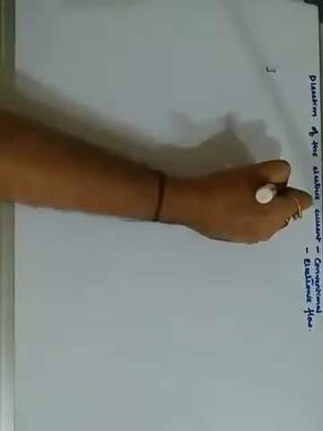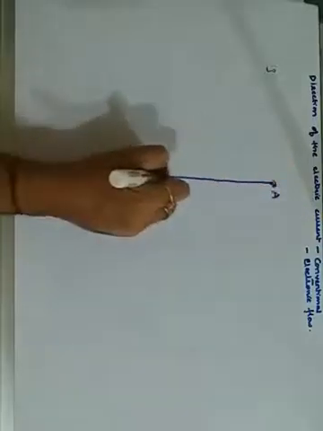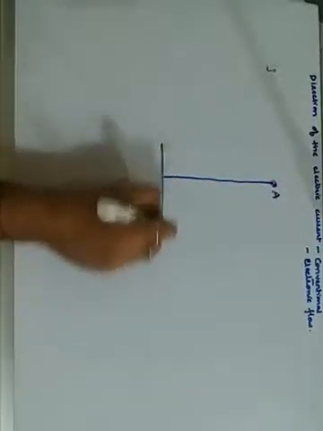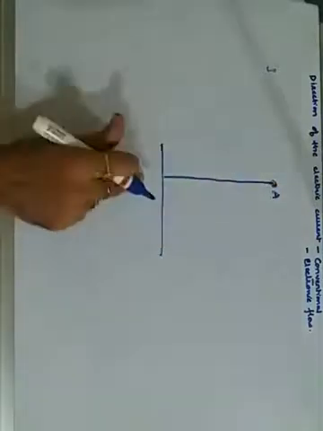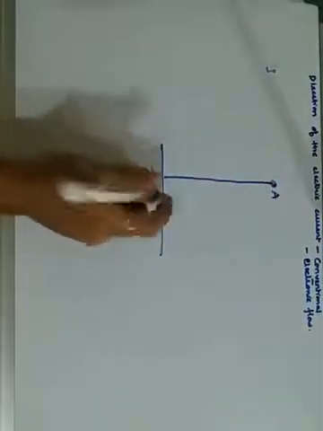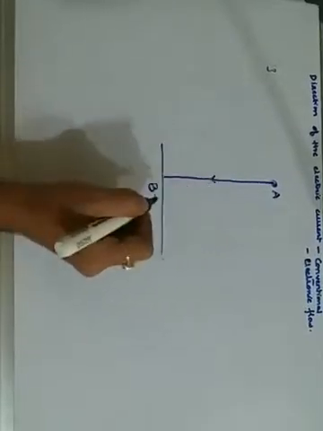Let us take simple examples. If a body is released from a certain height, from A, the body always moves from a higher level, that is A, to the lower level, that is B. Why? Because of the gravitational potential energy.